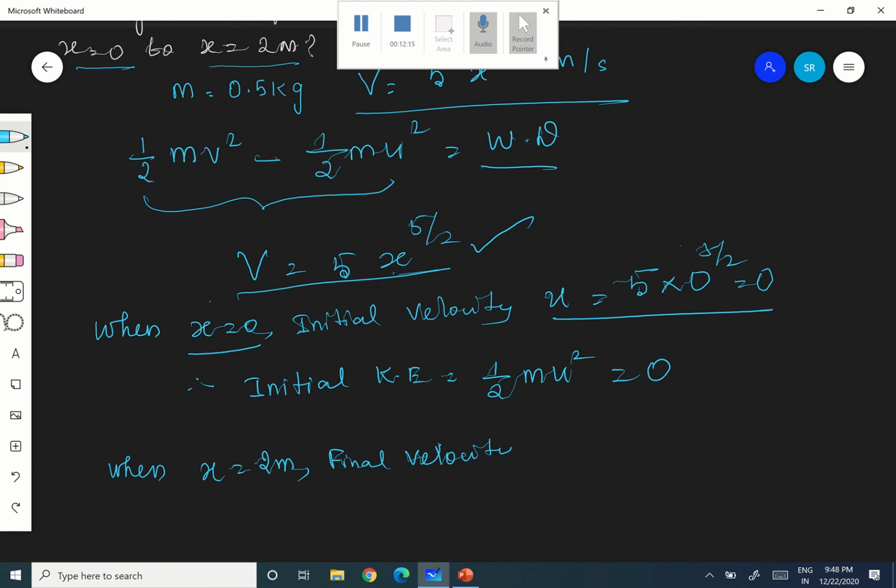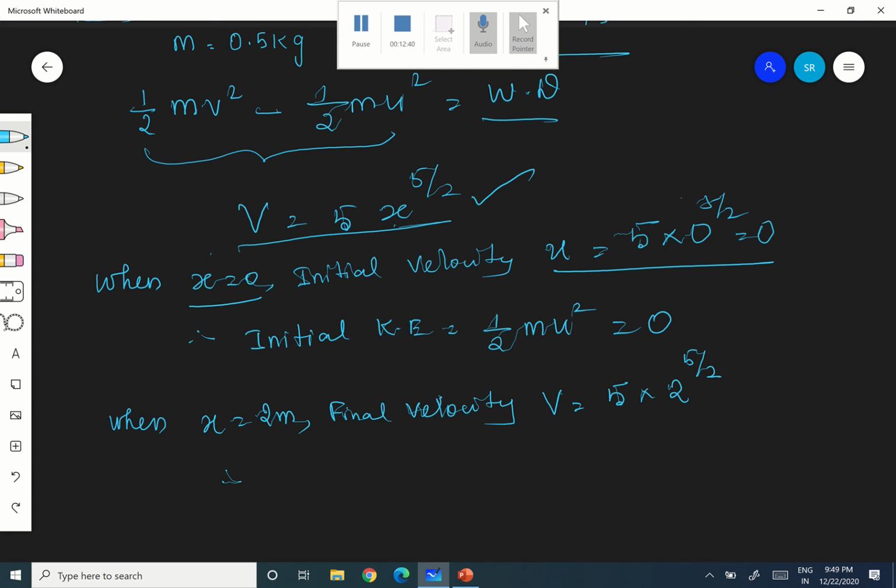First you find out the final velocity, then you go for kinetic energy. Final velocity v is equal to 5 into x, where x is 2, so 2 to the power 5 by 2. First find out what is the velocity. This is the velocity, right? Therefore, what is the final kinetic energy?